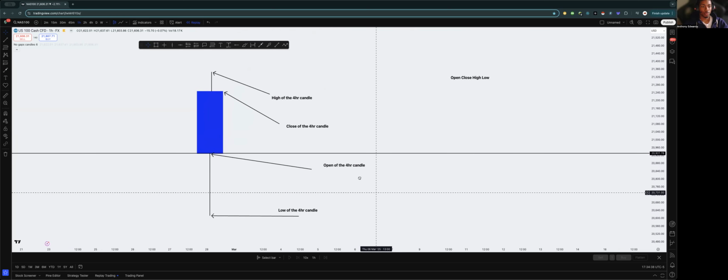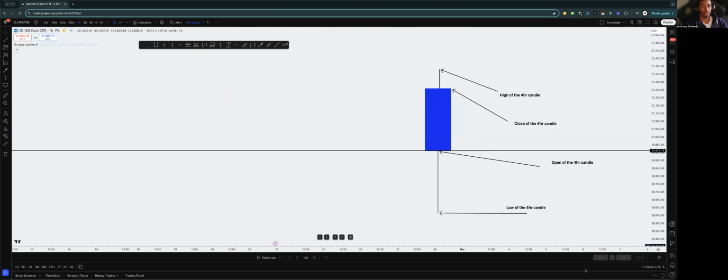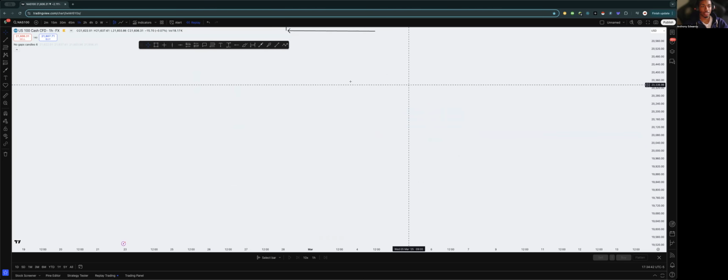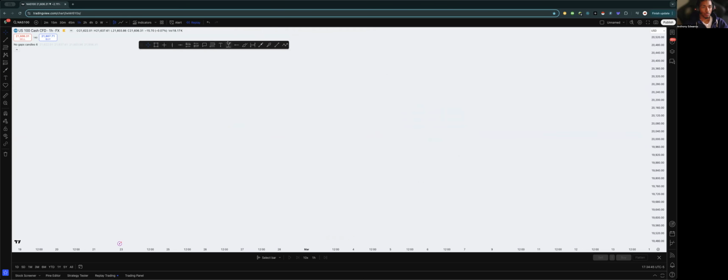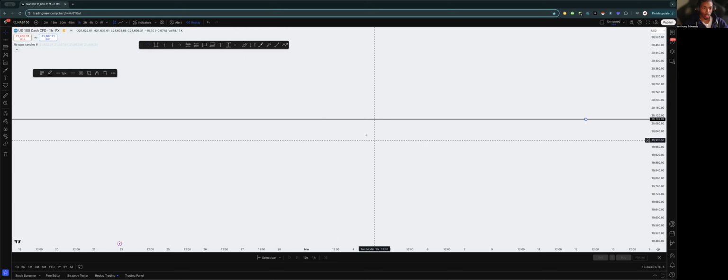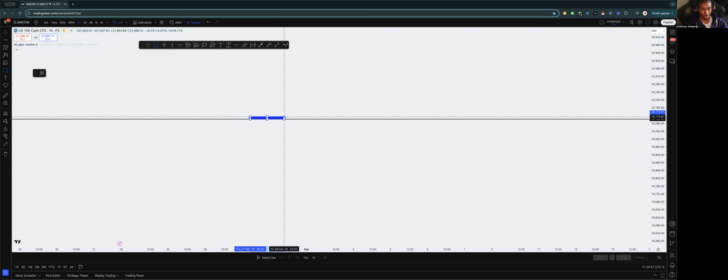Now let's look at a bearish 4-hour candle. Let's say we throw down the open of the bearish candle. Many times, in order to get that wick for the bearish candle, price would start here. So this is the open, 20,102.